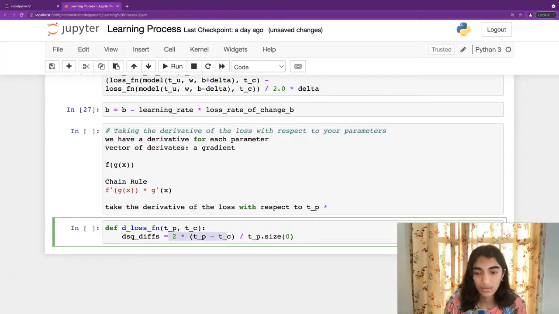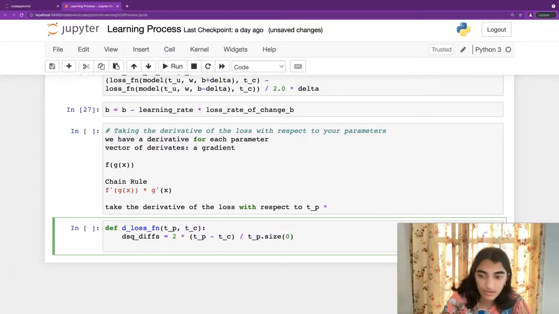Here we have the derivative, and we're dividing it by each element. So let's return the derivative of the square of the difference. Let's just return that value.